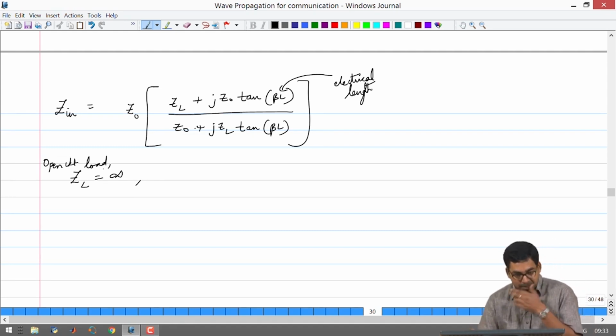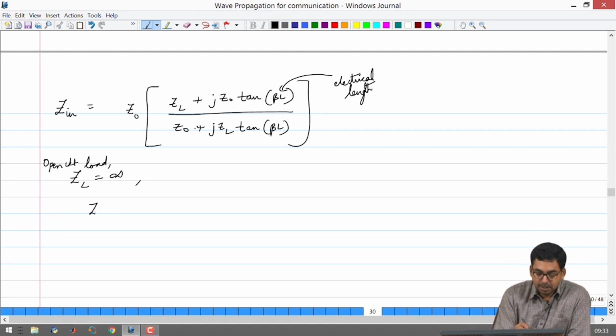A common mistake people make is substituting infinity plus something divided by Z naught plus infinity. Whenever infinity comes in, you have to take it to the denominator somehow. So, divide the numerator and the denominator by ZL, so that you have Z naught by ZL, and ZL by ZL in the denominator becomes 1.